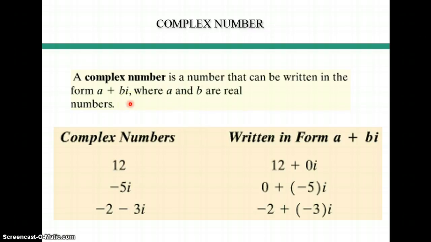A complex number is a number that can be written in the form of a plus bi, where a and b are real numbers, and i is the imaginary unit.